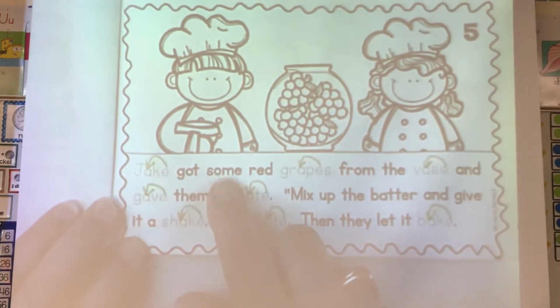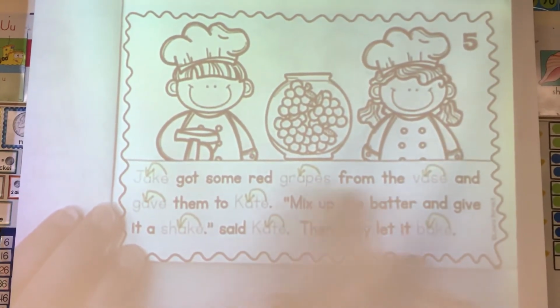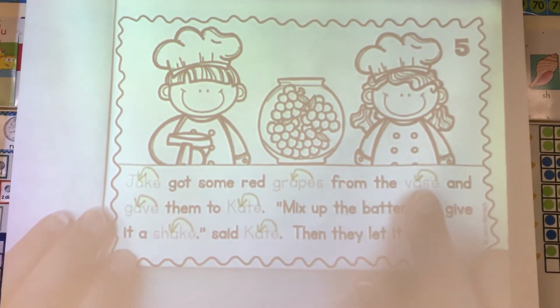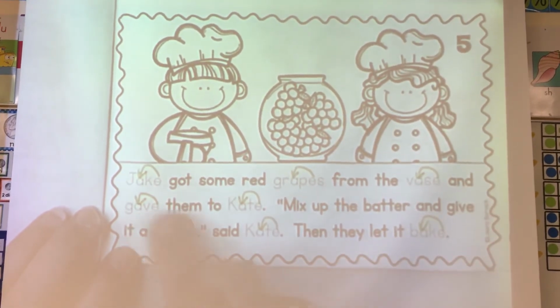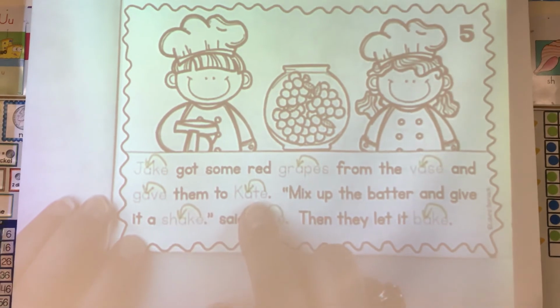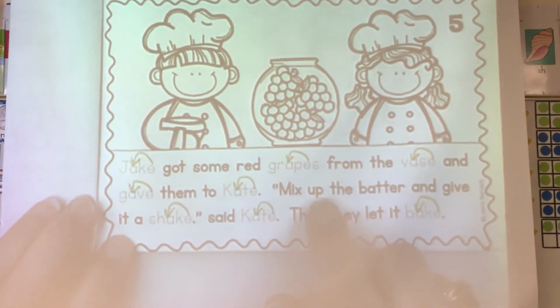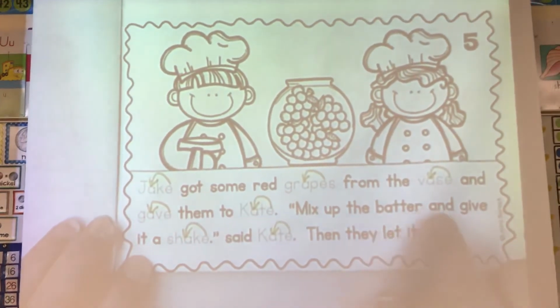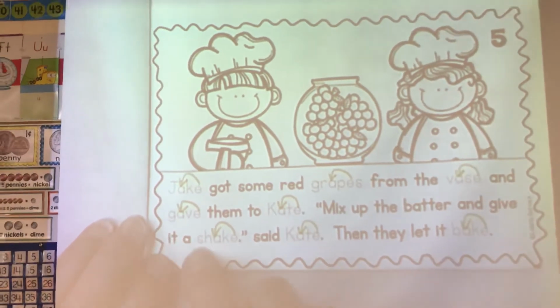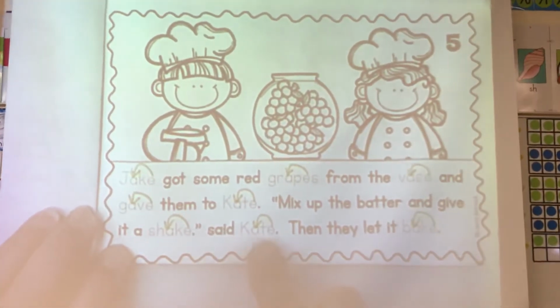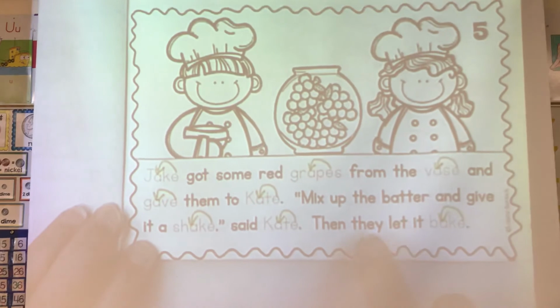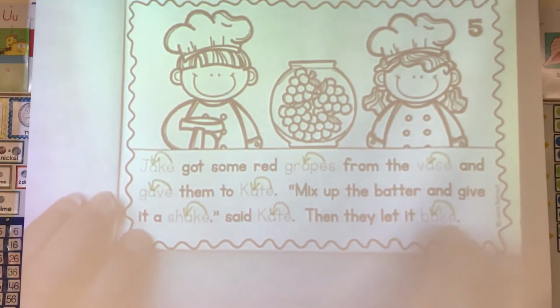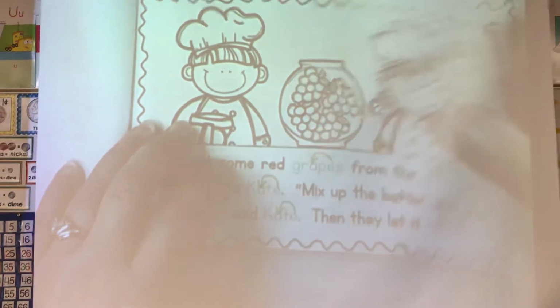Jake got some red grapes from the vase and gave them to Kate. Mix up the batter and give it a shake, said Kate. Then they let it bake.